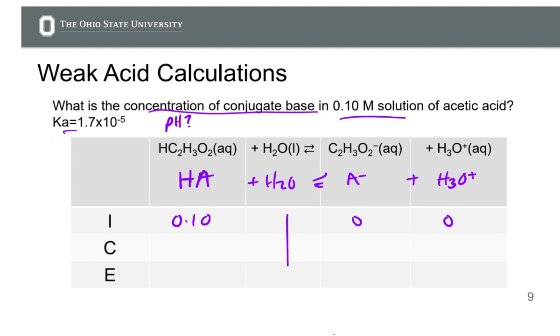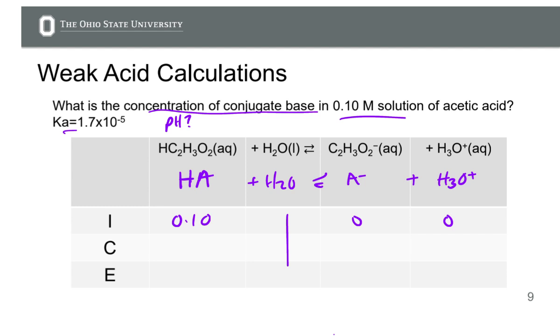So what we want to determine now is at equilibrium, what is the concentration of A minus? And what is the concentration of H3O plus? We want to know the concentration of conjugate base based on what the question itself is asking, and then from H3O plus we can get the pH.